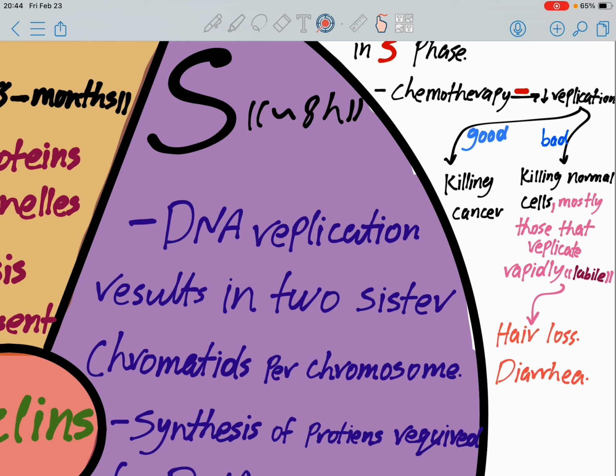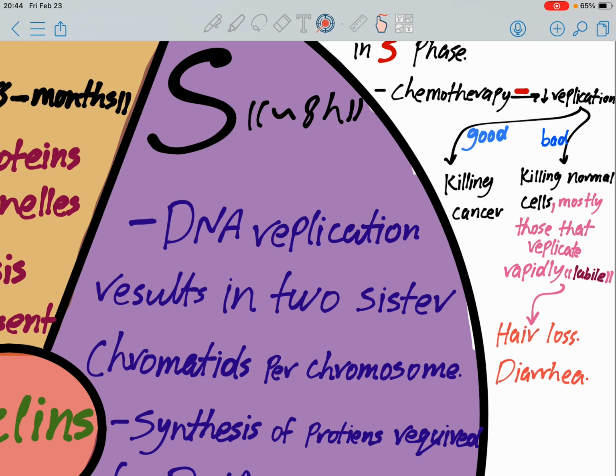The chemotherapy also inhibits the replication of the normal cells, mostly those that replicate rapidly, as the labile cells. The labile cells are those cells which actively, continuously divide in a rapid pattern.